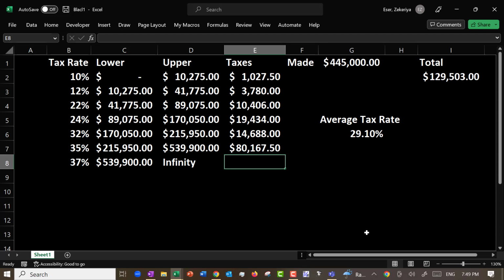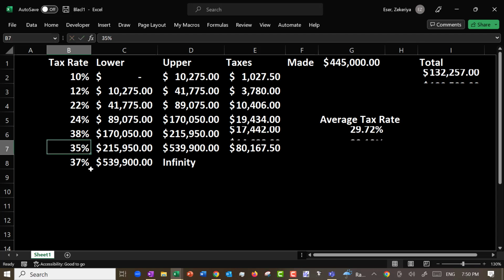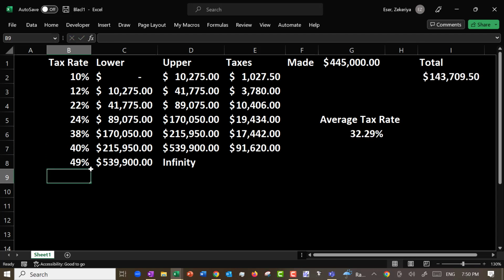This thing is the real calculator. Why? Because suppose regulations change, then they decided that this is going to be 38, 40, 49. I don't have to change any other thing. I have my template, I'm done. I know your marginal is 40, now your average tax rate went to 32.